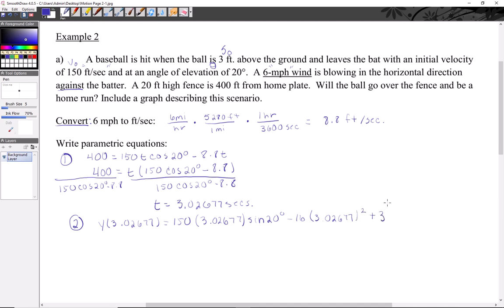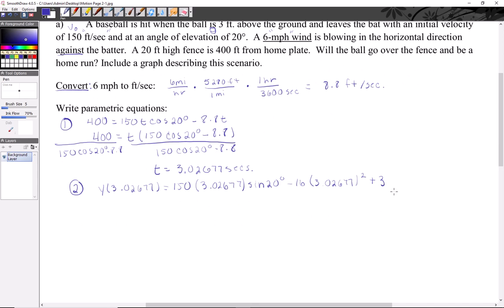That plus 3 is important. It may be just enough to push it over the fence. Who knows? Let's see what that height ends up being. If you put all that in your calculator, it will equal 11.7001 feet. So no home run. This is below 20 feet.